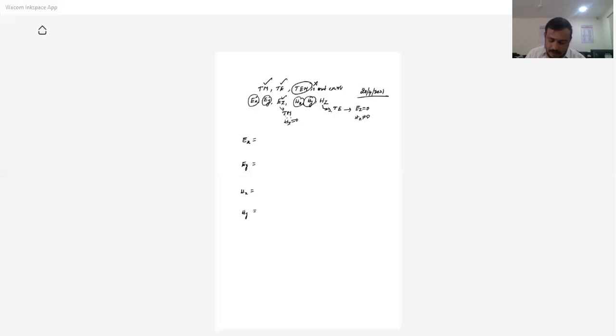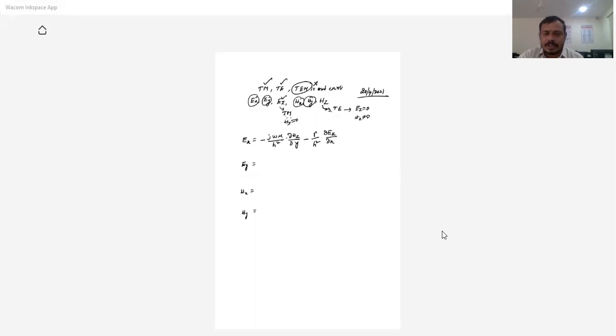EX is minus j omega mu by h squared into dou HZ by dou Y, minus gamma by h squared into dou EZ by dou X. This is the equation for EX in terms of HZ and EZ.